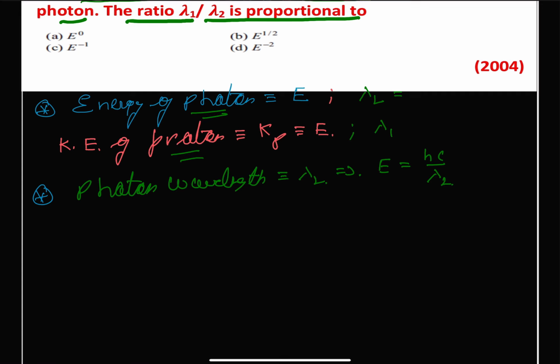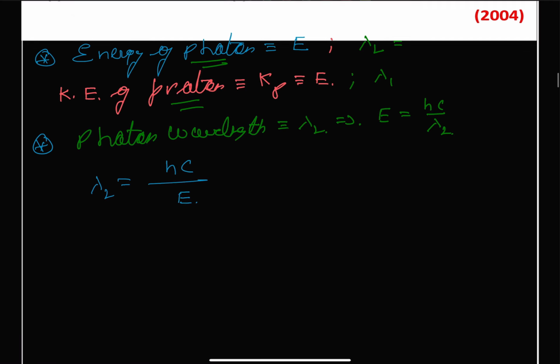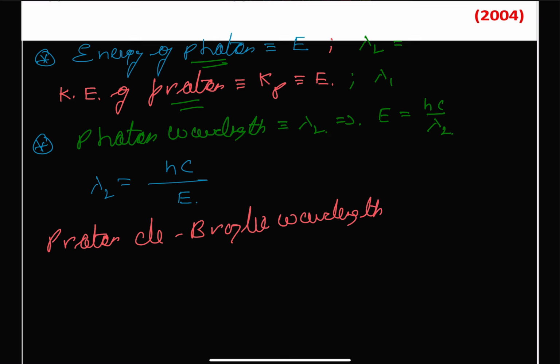From here we can write lambda 2 is equal to hc upon E. The proton's de Broglie wavelength is given to us as lambda 1, which will be equal to h upon p.